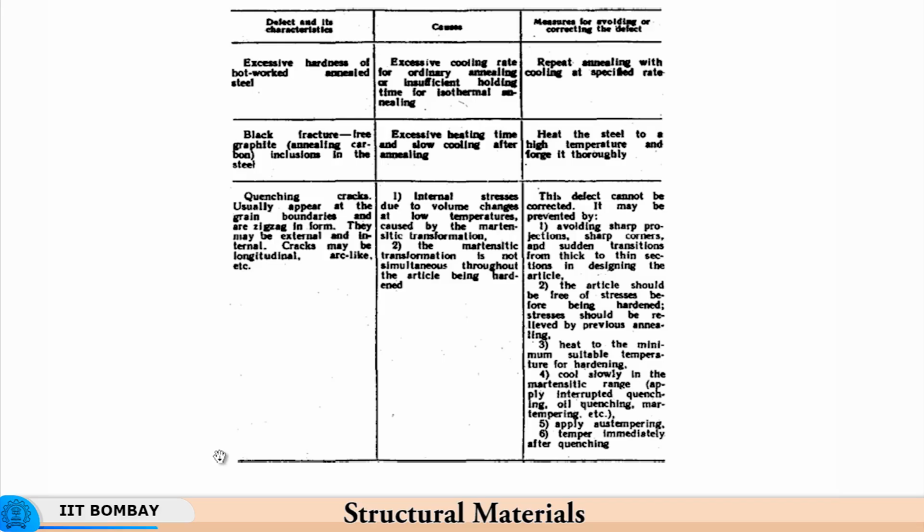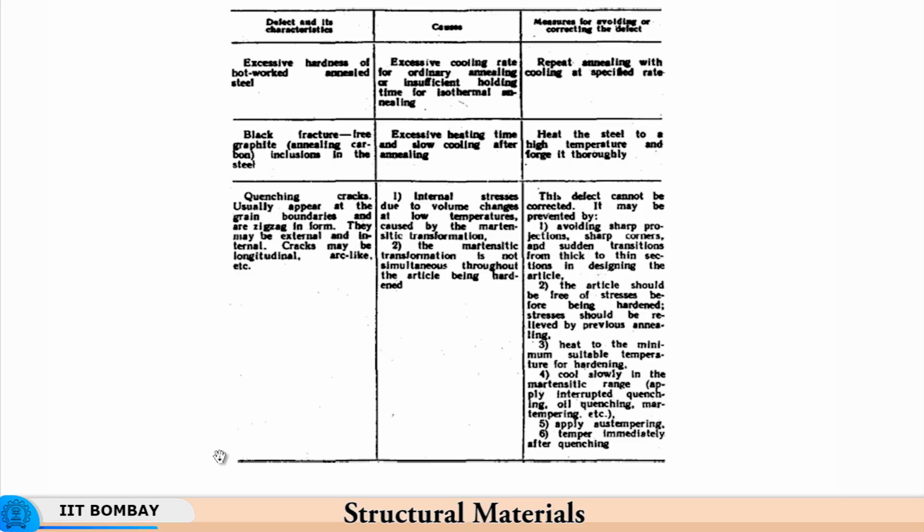So, now the graphite has plenty of time to diffuse out of the cementite or whatever phase it is in. The remedy to that is to heat the steel to a high temperature and forge it thoroughly. Once you forge it thoroughly and get the carbon back into the lattice of austenite, and then cool it a little faster, you will not have this black fracture type of thing.